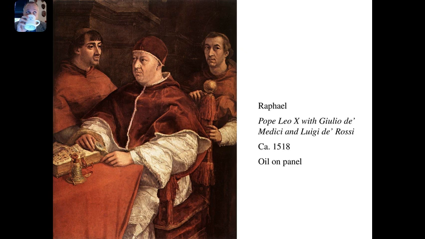Here we see a rather unflattering, unidealized portrait of an overweight, plainly unattractive pope, and yet he has a very commanding presence and sense of dignity and power, which is accented by a heightened use of color, light, and texture on the form of the pope, and it's diminished on the accompanying two cardinals, which are behind him. In the next slide, you'll see this a little more clearly in the restored version.